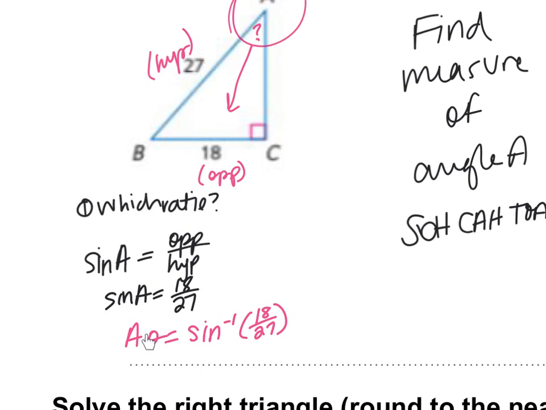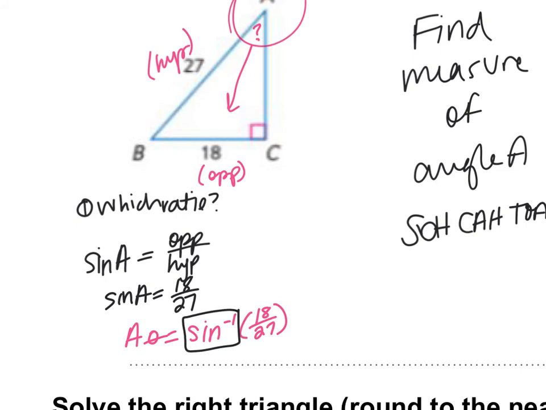So since we have our angle by itself, you're going to type in your calculator sine inverse. It's an individual button, okay? It should look something just like this on your calculator. All right, so you'll push that button and then type in your ratio, 18/27, okay?